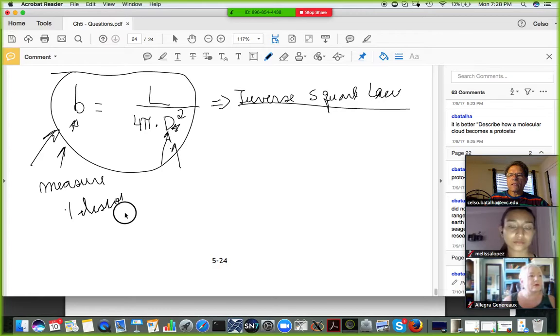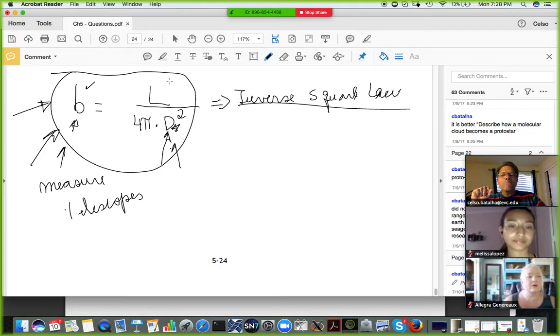If you have good telescopes and a good set of detectors, and the sky is clear, you don't have clouds, you point the telescope to the star, and then you measure the brightness of that star. You measure this quantity over here, right? You have a number.